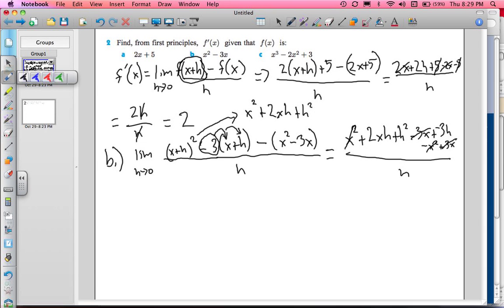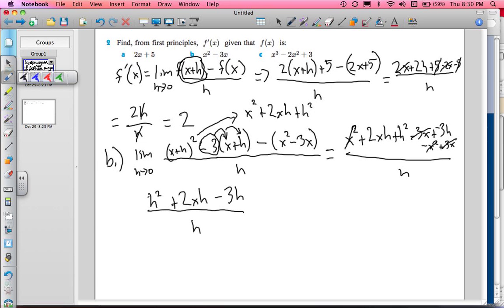We're left with h squared plus 2xh minus 3h, all over h.